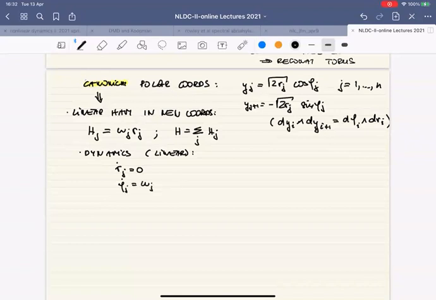And again, the way you get this, this would be the negative partial of h with respect to phi j, but there's no dependence on phi j, right? That's why it's 0. And then this would be the partial of h with respect to Rj. Okay, and that just reproduces what I said before.